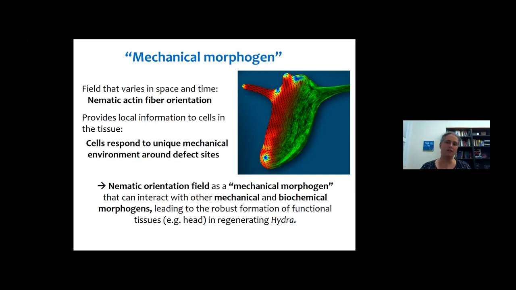Getting rid of the defects in this system is not possible because of the topology. You're constrained to have a +2 total charge. How this +2 total charge is distributed, whether you have 4 plus half defects, or 2 plus 1 defects, or negative defects, that's another question. But you're constrained to have some defects if the whole system organizes nematically in a closed system. Yeah, but you don't start off with a +2 charge.